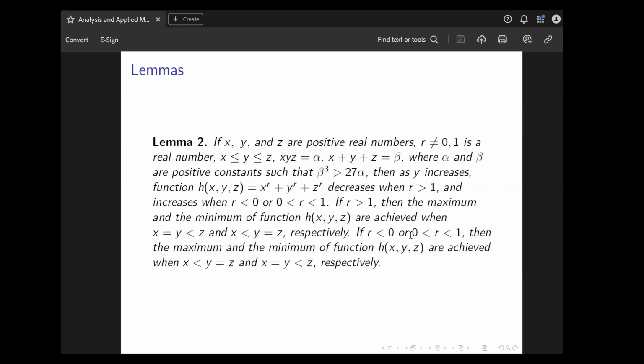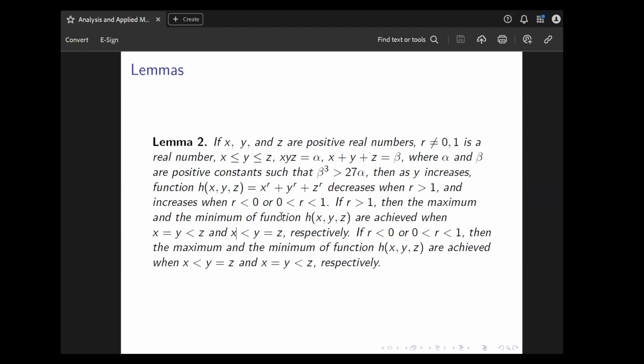If r is less than 0 or r is between 0 and 1, then the maximum and minimum of h(x,y,z) are achieved in these two cases, so the opposite. So why do we need this lemma?